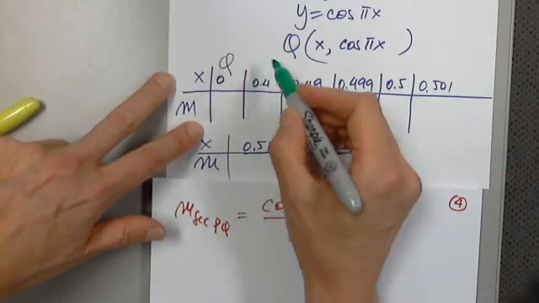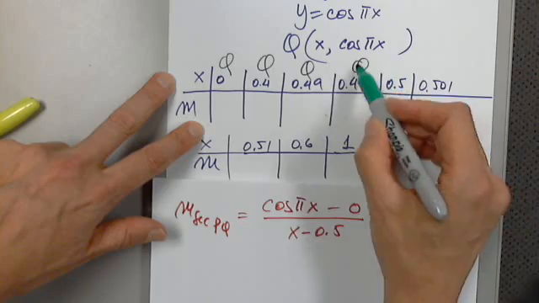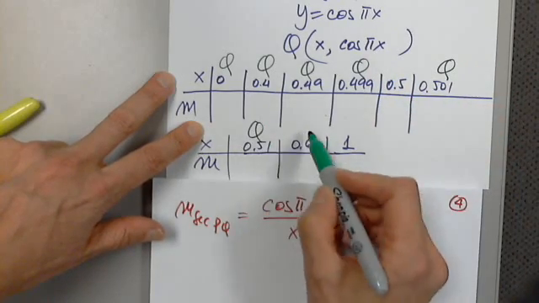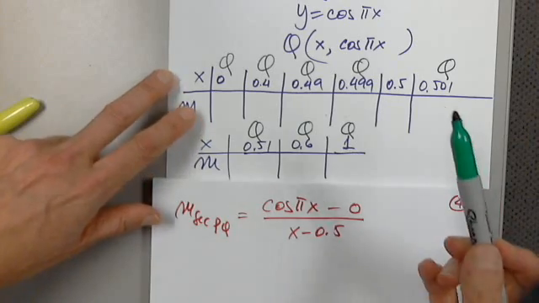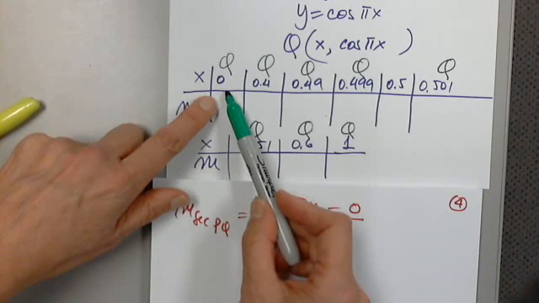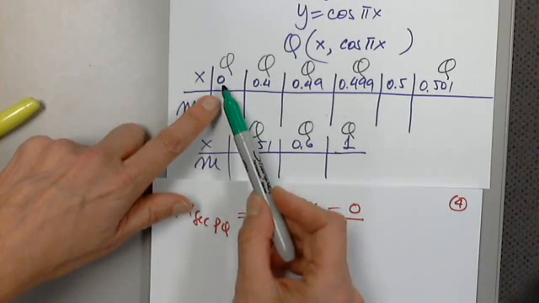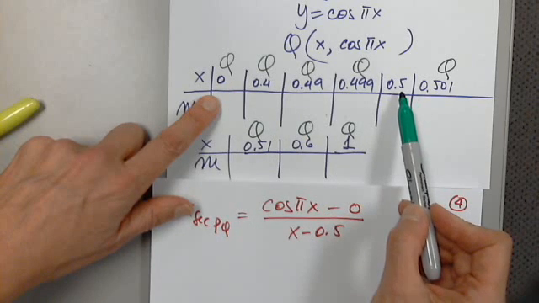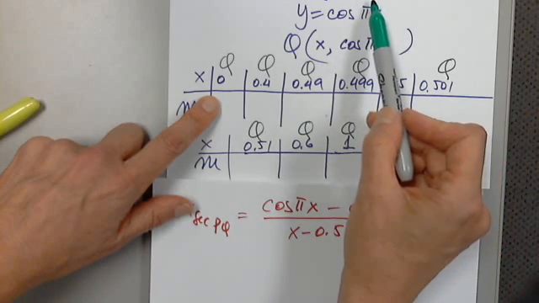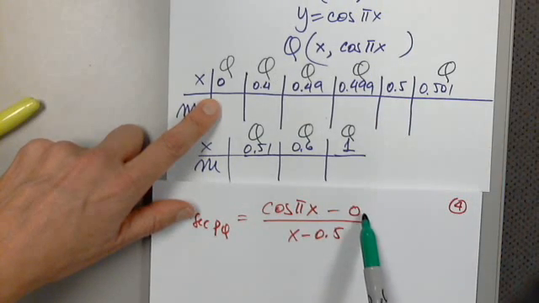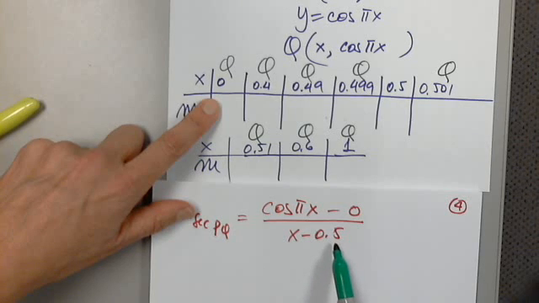So this is our Q, and it moves everywhere. So we will have f of 0 minus 0, over 0 minus 0.5.